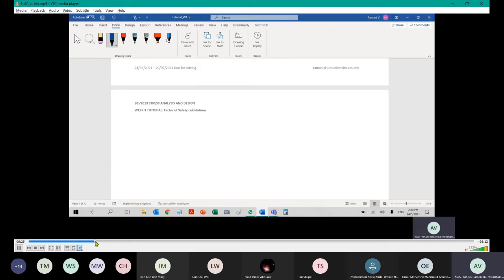Force is mass into g, all of you know this equation. If you call force as 1 newton, then you have 1 kg mass, and g is 9.81 meter per second squared normally.